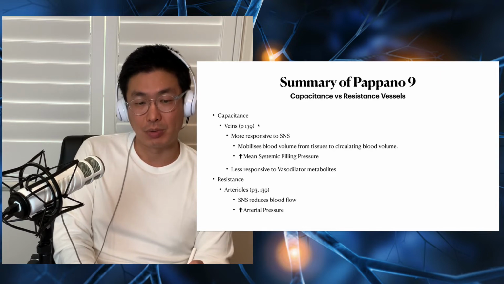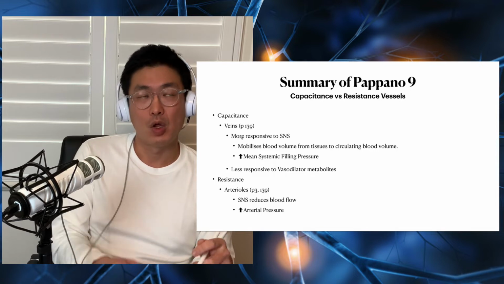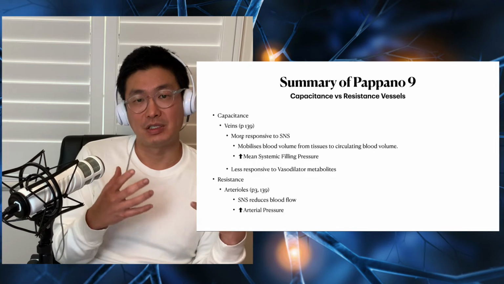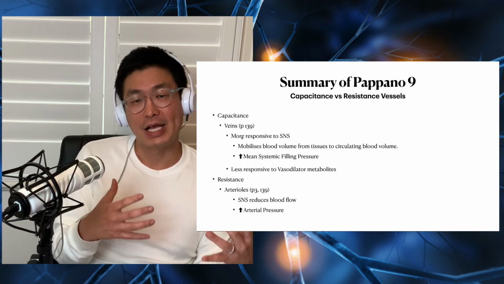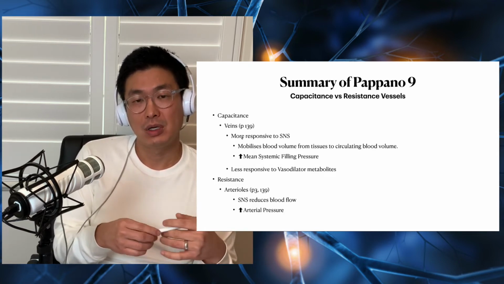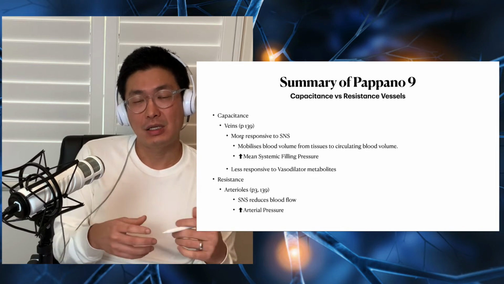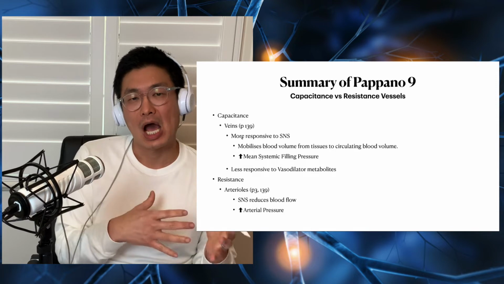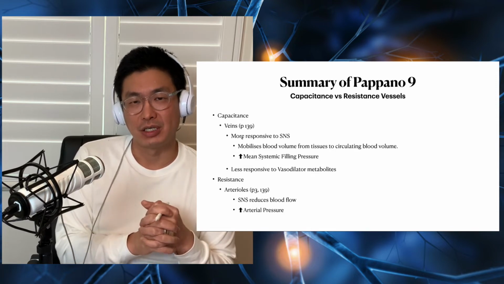And that's really important to acknowledge, because when we talk about vasoconstriction versus venoconstriction, vaso is for the arterioles and veno is for the veins. It really helps us understand how it affects the vascular function curves.